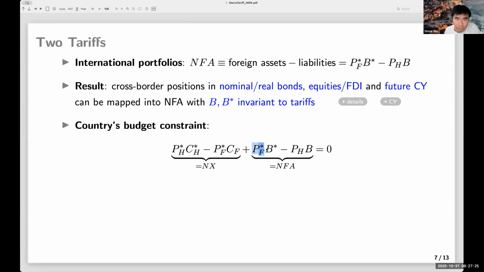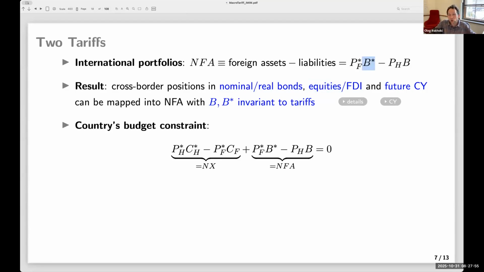And so you can come up, or of course you can write contracts that are contracts on other prices, right? Or on realizations of other random variables. But it turns out that if you work through this algebra for real bonds that pay in domestic units of consumption, or nominal bonds with monetary policy that stabilizes the producer prices in each location, or equities or FDI, you can factor it in properly and then do the accounting, right?